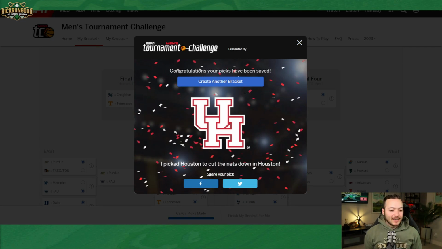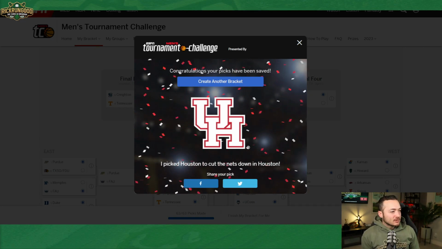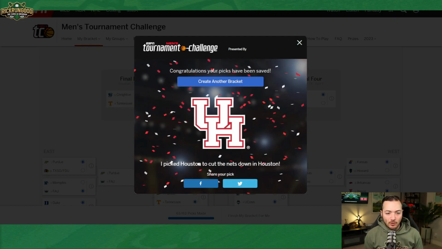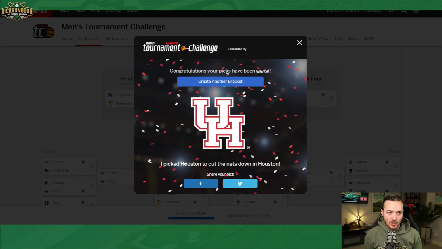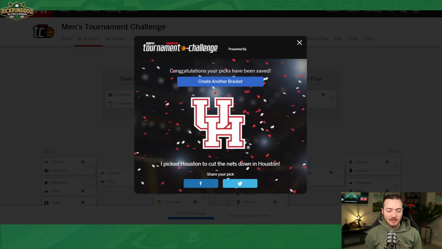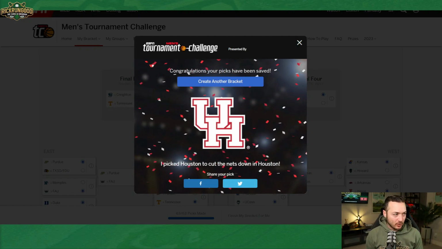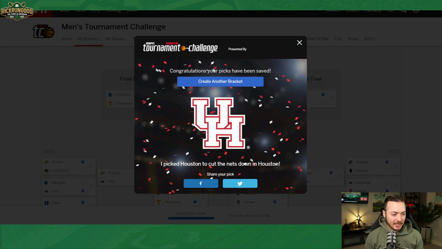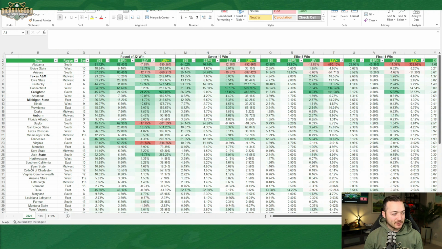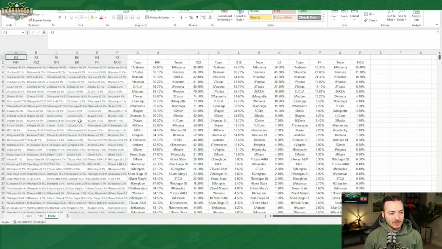So there we go. I will save this bracket and I will put it down in the description so that you can access it. Also, as promised, I will make this sheet available for download. What you need to know about that, let me show you how to update that real quick. When you download this, there's a tab for ESPN.